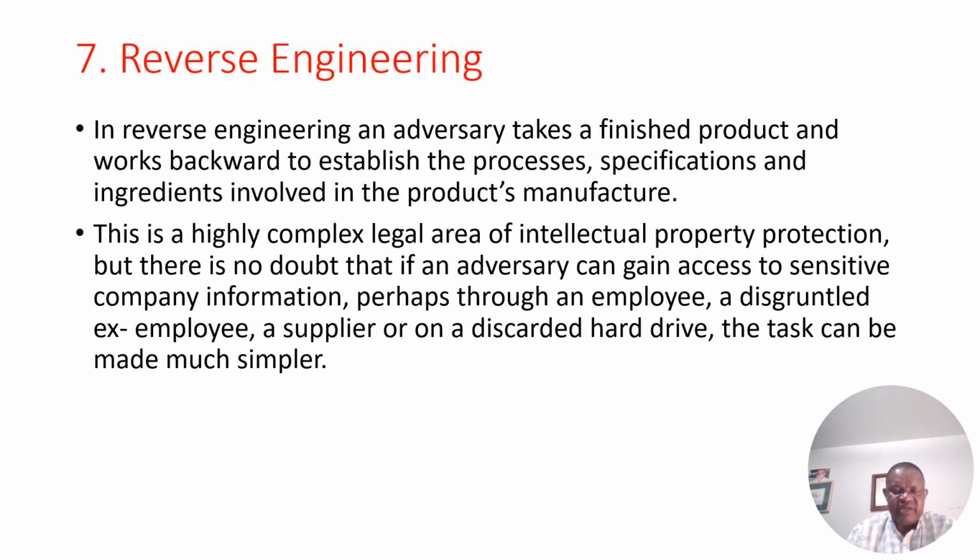And then we have reverse engineering. We talked about it. In reverse engineering, an adversary takes a finished product and works backwards to establish the process, specifications, and ingredients involved in the product's manufacture. This is a highly complex legal area of intellectual property protection, but there is no doubt that if an adversary can gain access to sensitive company information, perhaps through an employee, a disgruntled ex-employee, a supplier, or a discarded hard drive, the task can be made much simpler.